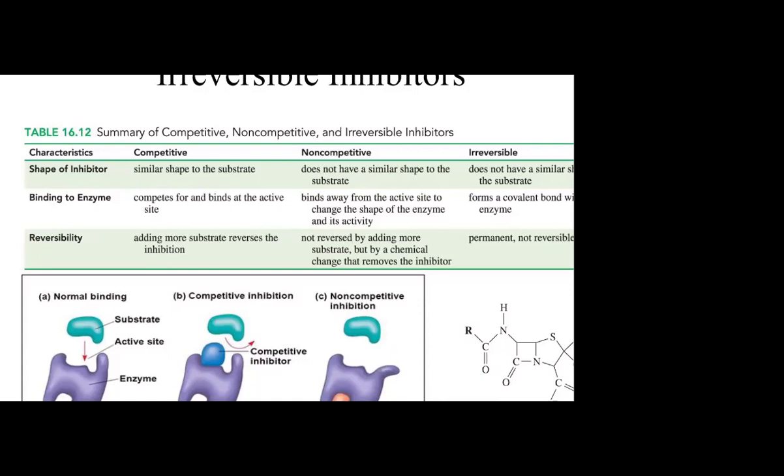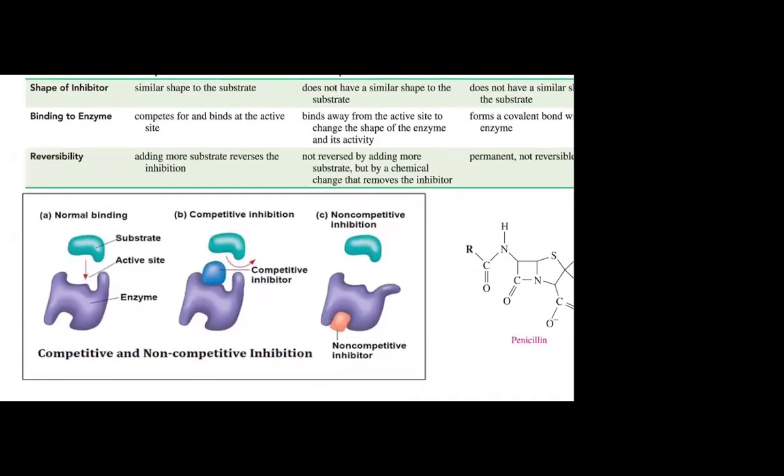So we can see an illustration of how a competitive inhibitor acts. If you look at letter A, that illustrates the substrate, the active site, and the enzyme. You can see in letter B that your competitive inhibitor is going to sit in the active site, and now the substrate cannot bind the enzyme.